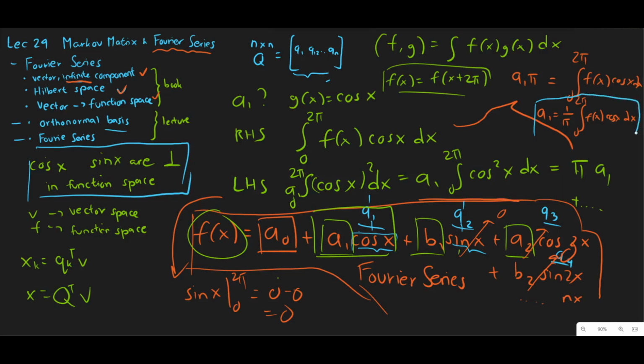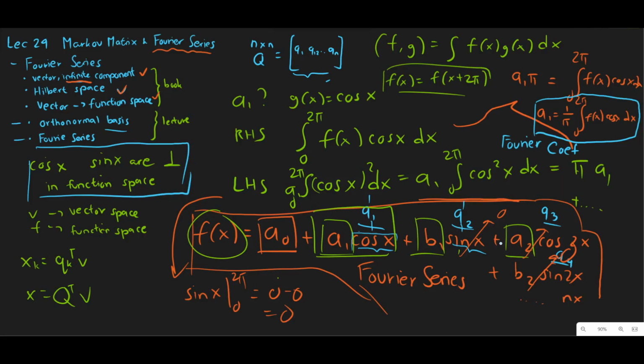And this is our Fourier coefficient of a1. Then we can follow the same process with b1 until bn or an.